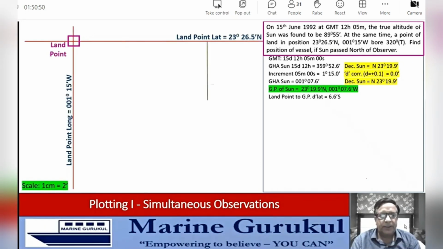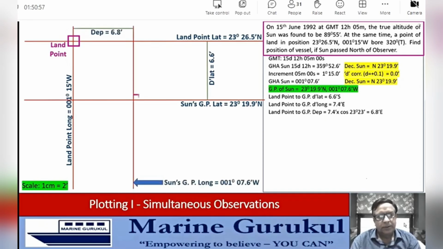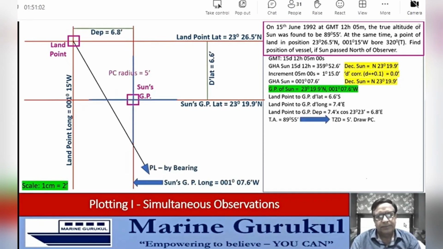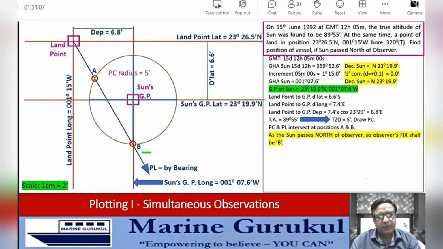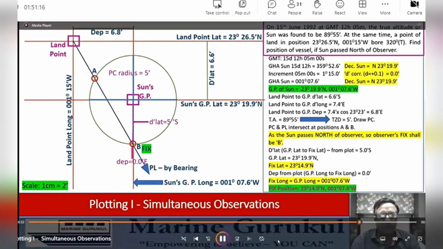Steps are exact repeat, difference being that instead of a graph, the plot is being carried out on a plane sheet and the plot shall appear the way it's coming up. We have position A and B coming up, and we have the fix also identified now, and it takes us to the position of the vessel. And this is how the plot shall appear if you do not have access to the graph paper.